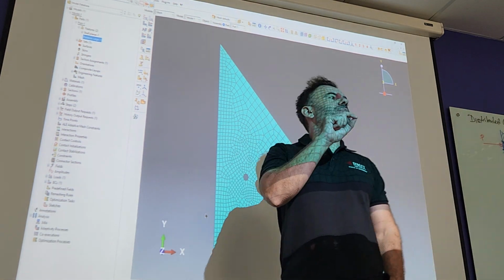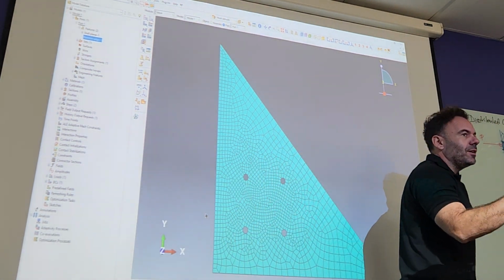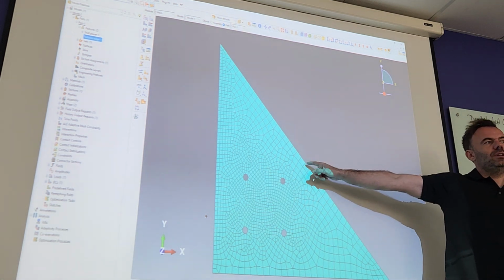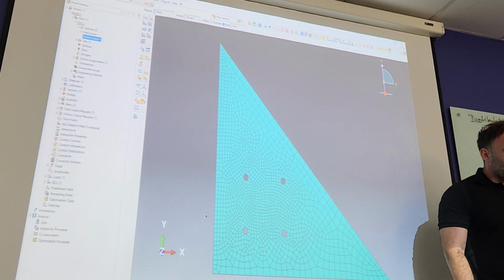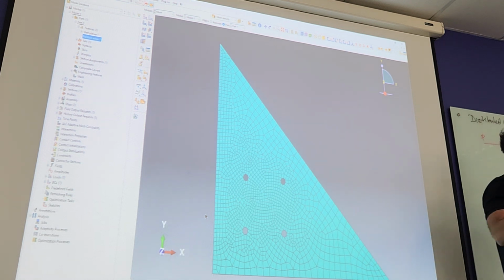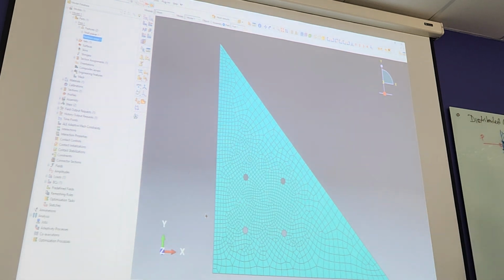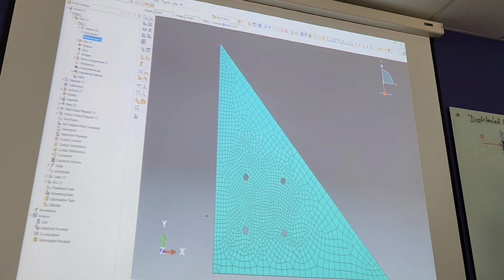70 to 80% of your time is spent in here, figuring out mesh. So that's basically what engineers spend most of their time on when it comes to preparing models. Defining boundary conditions and applying them is not as time consuming. Everything else is.